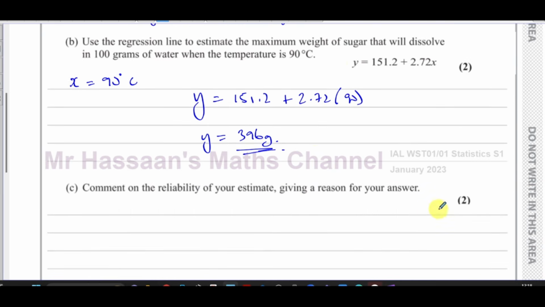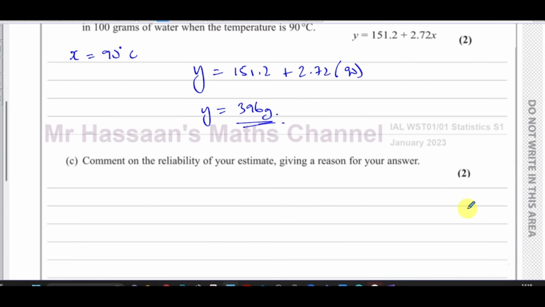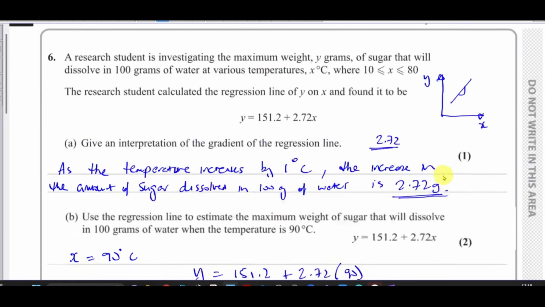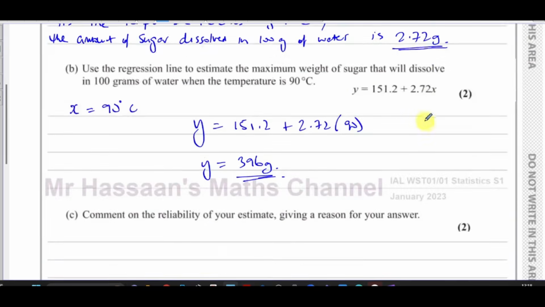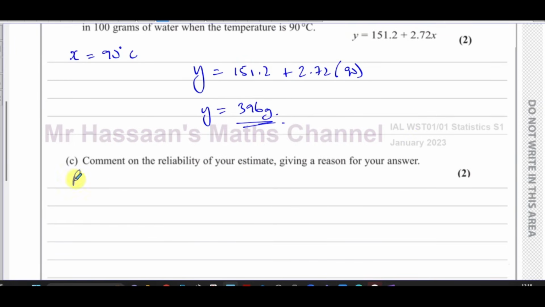Then part C says comment on the reliability of your estimate, giving a reason for your answer. The range of temperatures in our data was between 10 and 80. So you can say the range of x in the data is between 10 and 80, so x equals 90 is out of the range.